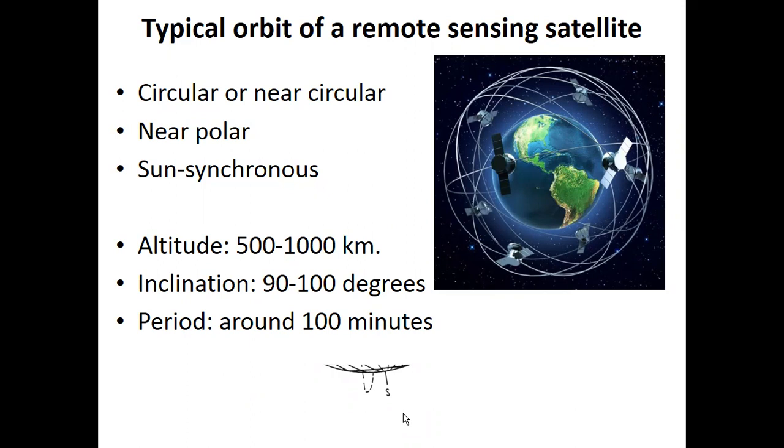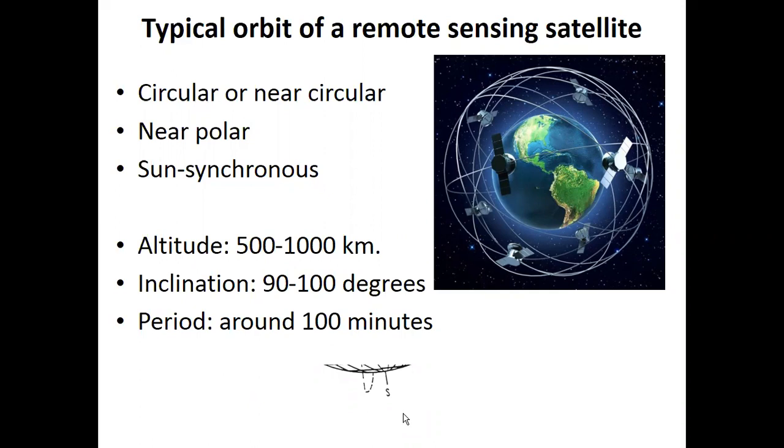So usually the altitude for remote sensing satellites is not very high. It is not a very high orbit like geostationary or some communication satellites. Usually the orbit is pretty low. These are so-called low orbits, usually 500 to 1,000 kilometers.